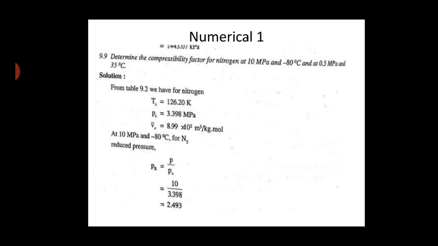Reduced pressure PR is equal to P divided by PC. Both are in megapascal, so there is no need to change any units. 10 divided by 3.398 gives a reduced pressure of 2.493.